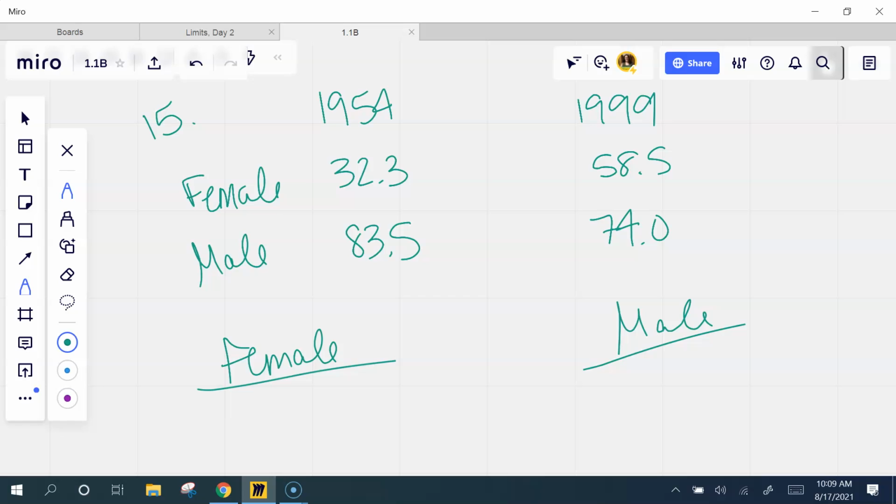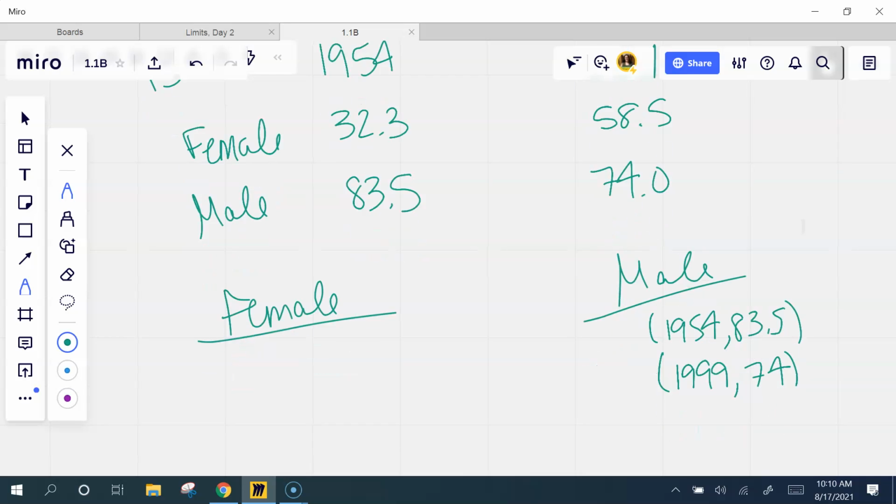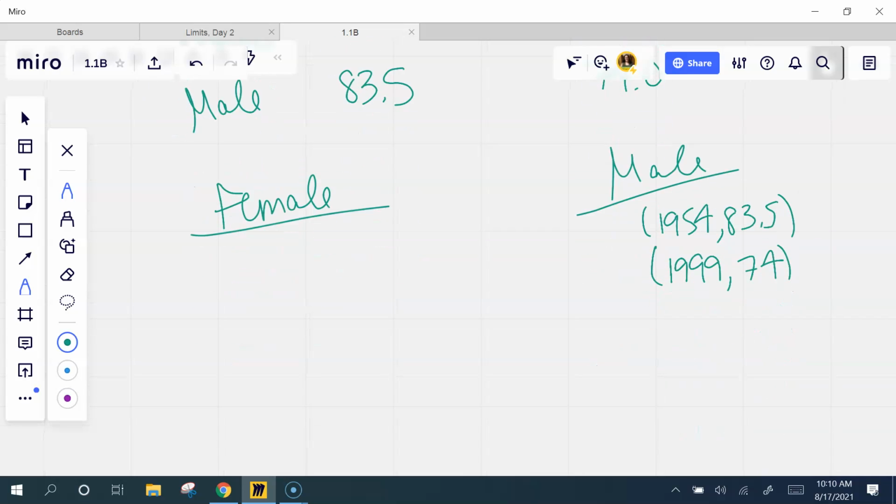So these 2 points for the male would be 1954, 83.5, and then 1999, 74. And so I'm going to go through first and find the slope. Remember that's change in y over change in x.